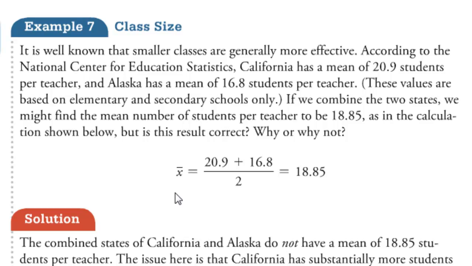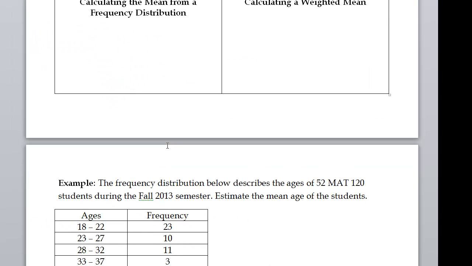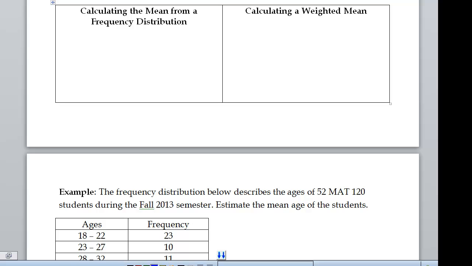All right, very good. So that brings us to the next topic in the handout, calculating the mean from a frequency distribution. I put right next to this calculating a weighted mean, because the formulas are essentially the same, we just use slightly different variables. So the formula for calculating the mean from a frequency distribution is x bar, and I'm going to put the approximate symbol.